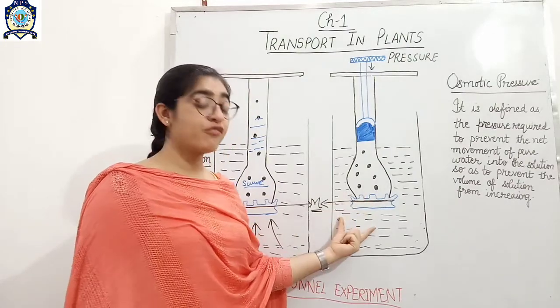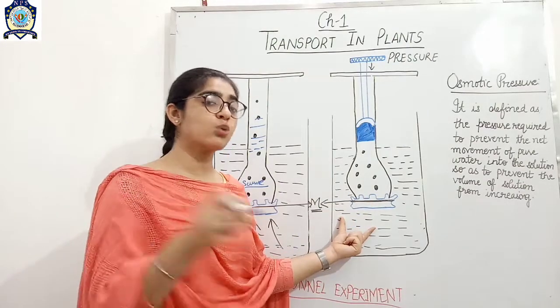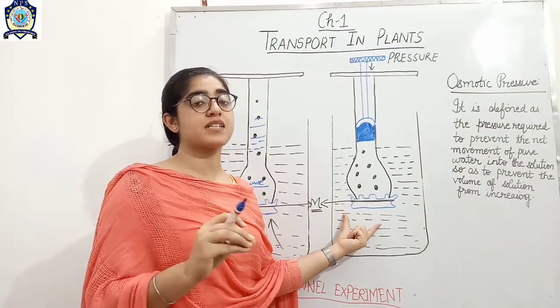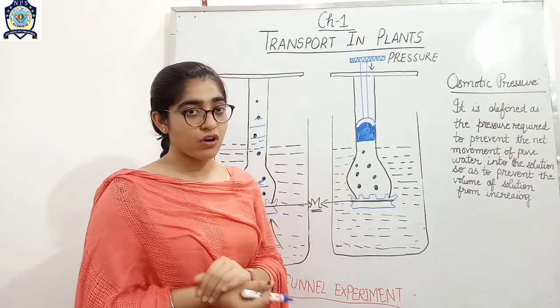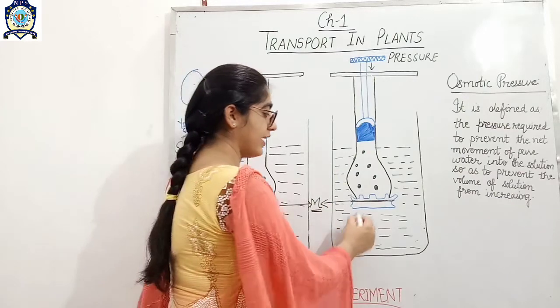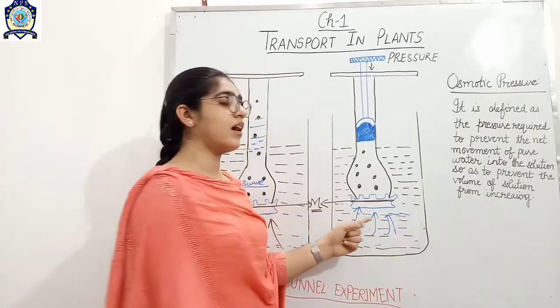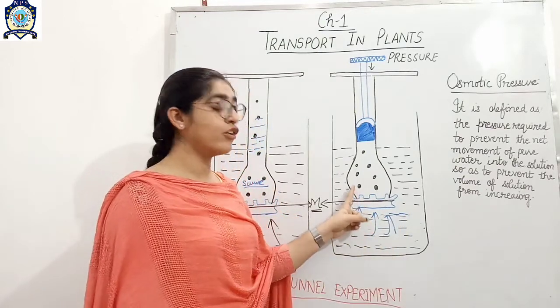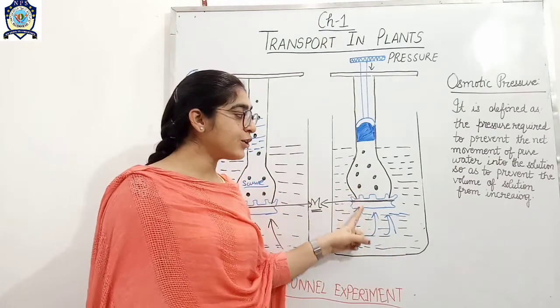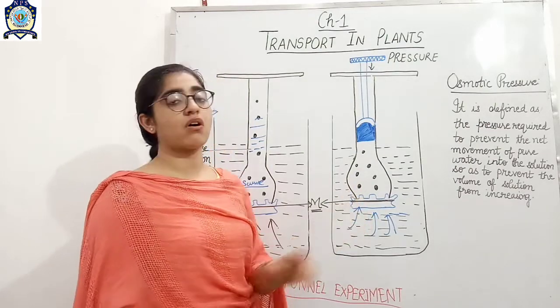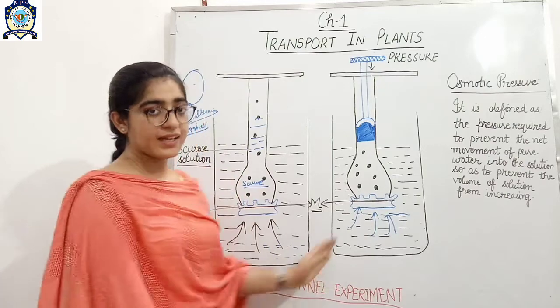From here we find a conclusion that the pressure which stops the net movement of pure water, here the distilled water is pure water, into the solution is called osmotic pressure.